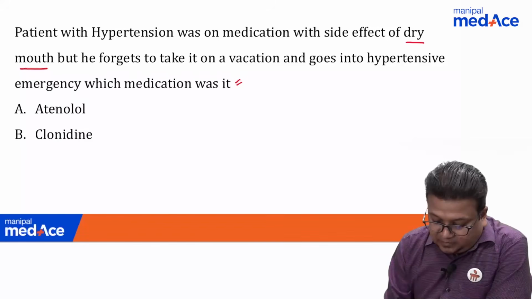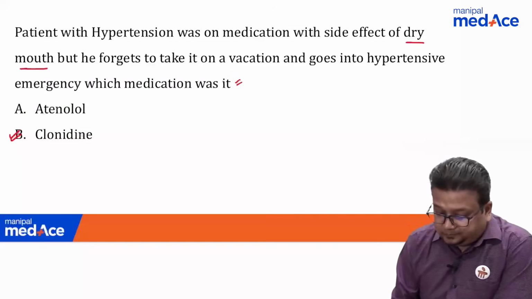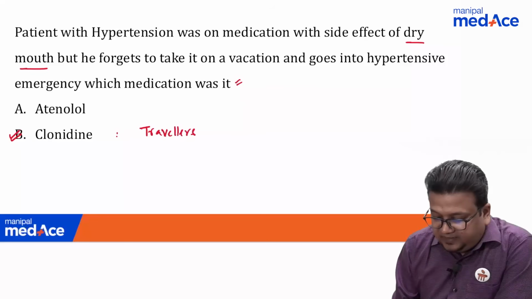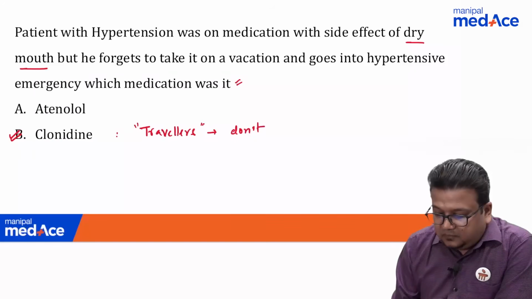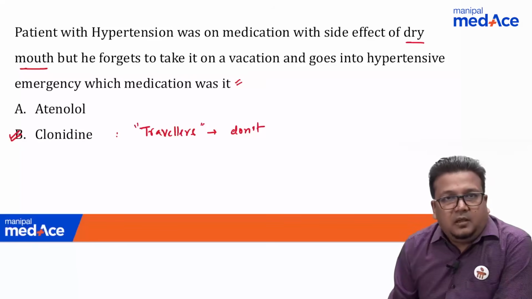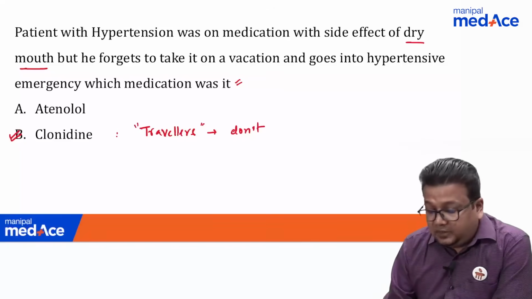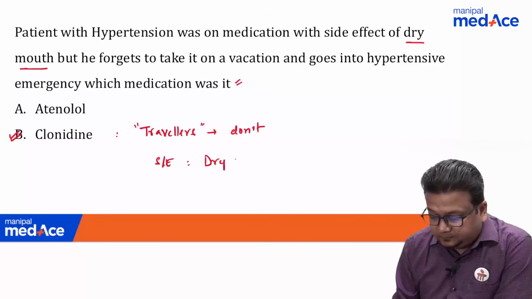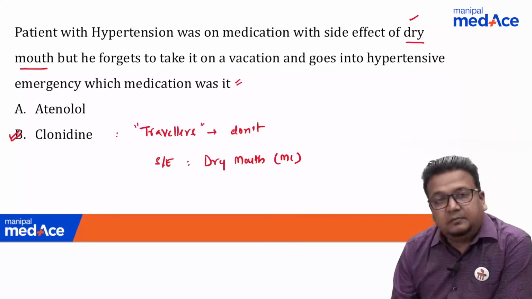We discussed that clonidine, number one, should not be given to frequent travelers. That was the point that I had very, very emphatically mentioned, that you do not give clonidine to travelers. Why? Because they may frequently forget to take the drug, and clonidine produces the side effect of dry mouth, which is its most common side effect given.